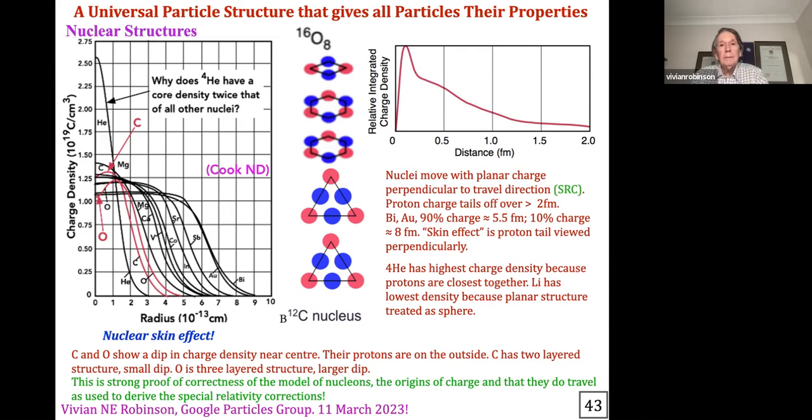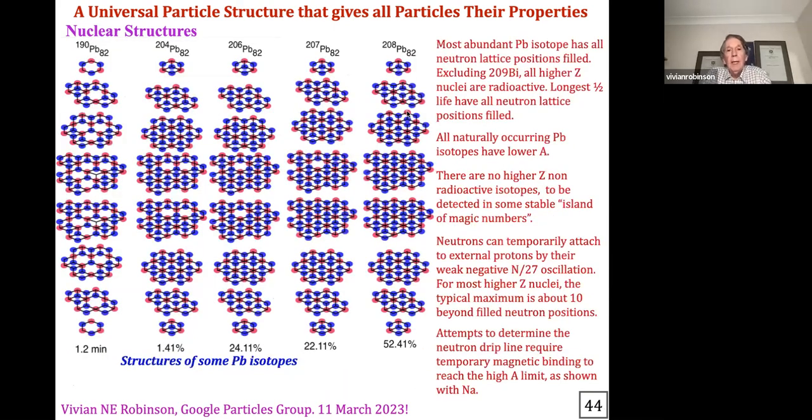I'd just like to briefly mention something about lead. Pb 82 has all of its neutron lattice positions vacant and all its stable isotopes are lower mass, excluding Pb 209, which is also stable if you regard it as stable.